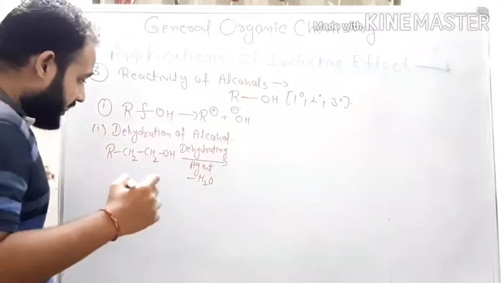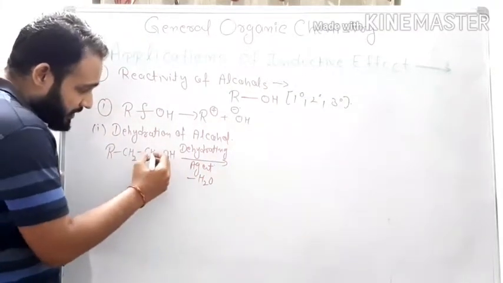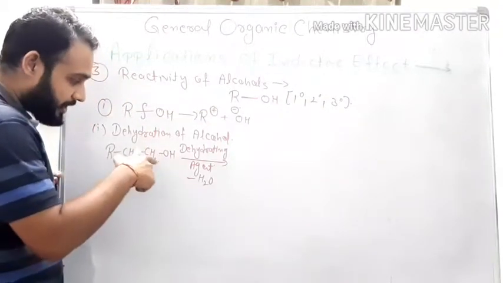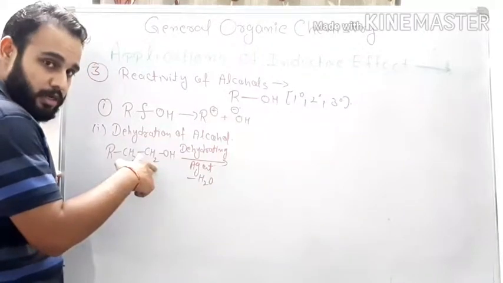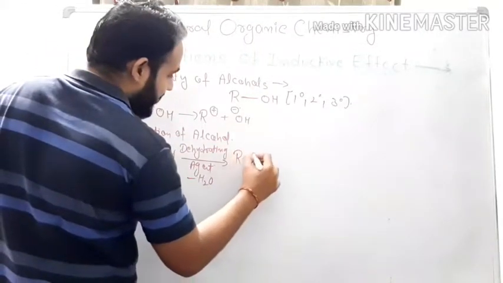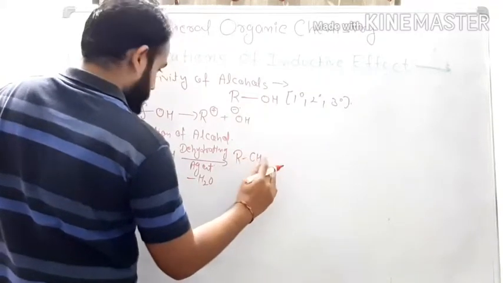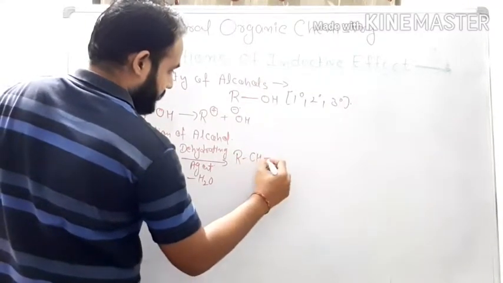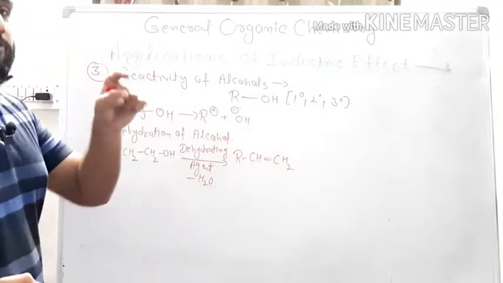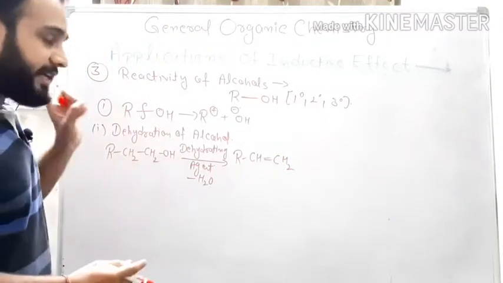Okay, so when it removes H2O, here you can see that one hydrogen can be removed from this carbon, and OH can be removed from this CH2 group. So after removal of H2O we have alkene as a product. So it is a well known method of formation of alkene from alcohols by dehydration.